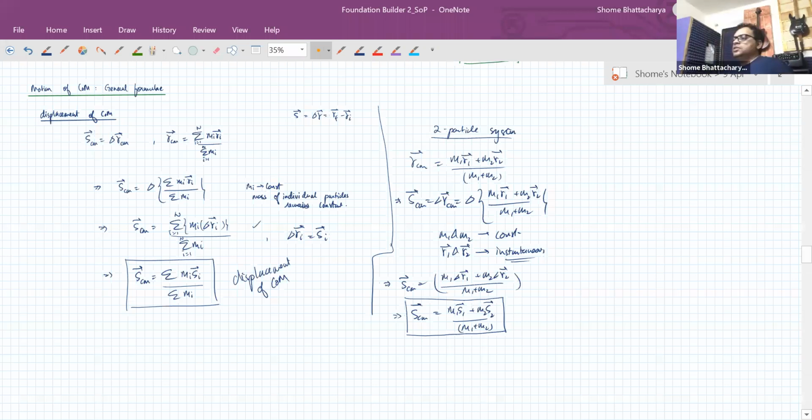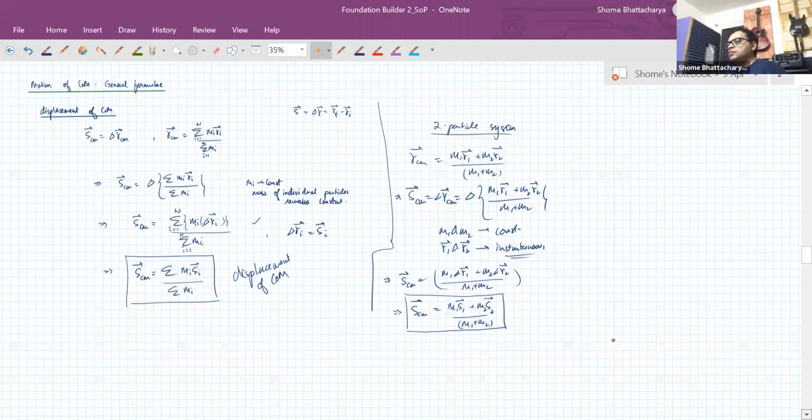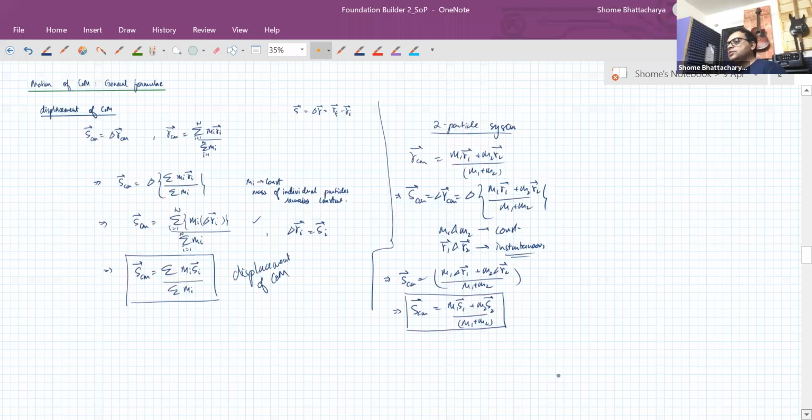Okay, so now you can see that if we applied this to the previous question, we would very easily get this. The two particles A and B were of same mass, but after some time B had displaced by plus 5t, and A had displaced by minus 3t because it was in this direction.